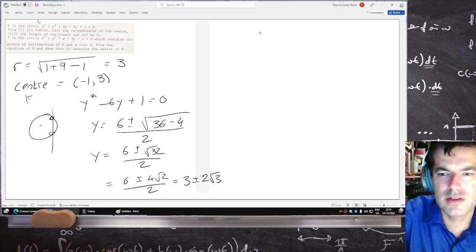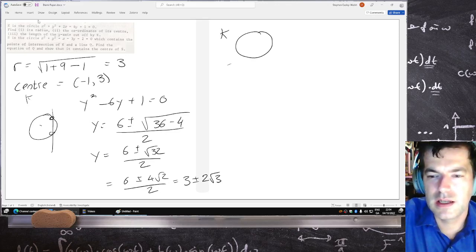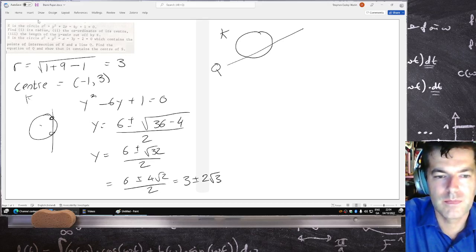Right, so we've got circle K. There's a line Q passing through it. And S contains the points of intersection between K and Q. So S has to pass through those.